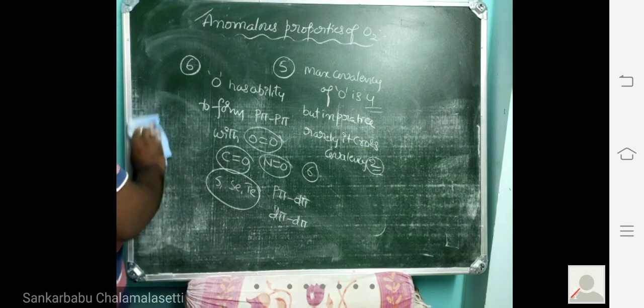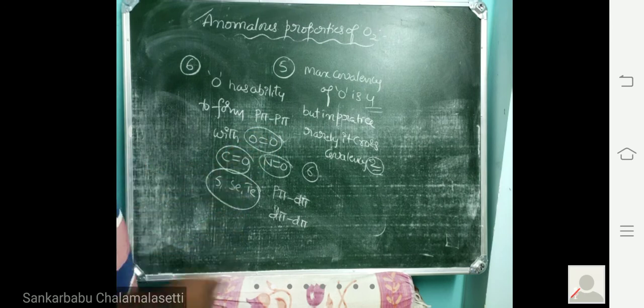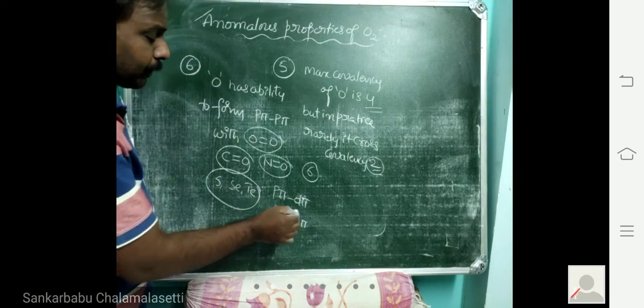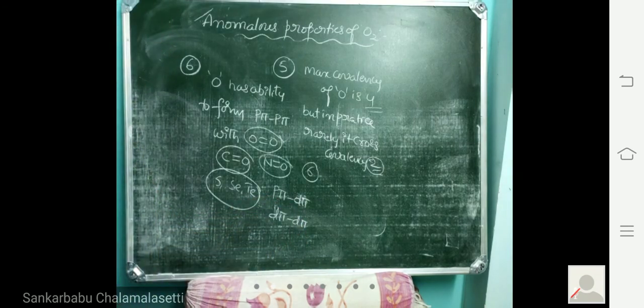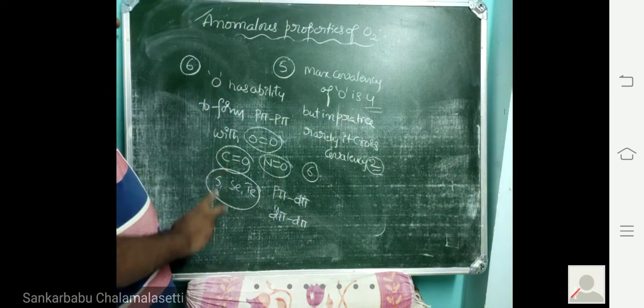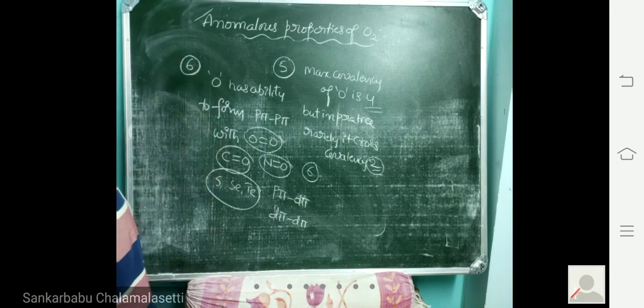Sorry, here oxygen has the ability to form p pi, whereas the other elements can form p pi-d pi and d pi bonds also. Oxygen also has the ability to form p pi-d pi, but very rarely. So this is another anomalous property regarding oxygen.